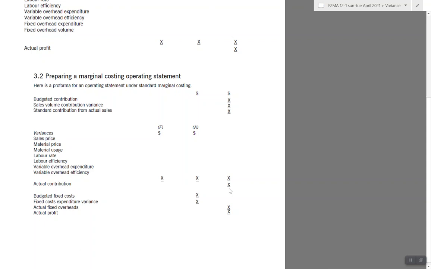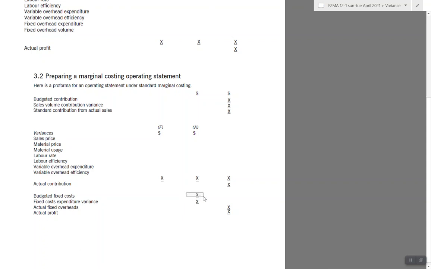Remember, in absorption costing, we take sales, we minus all the costs, it gives us profit. In marginal costing, we take sales, we minus variable cost, it gives us contribution. Then we minus fixed cost, then it gives us profit. So in the same way, when a variance report is prepared, first we minus the variable variances, which will give us actual contribution.